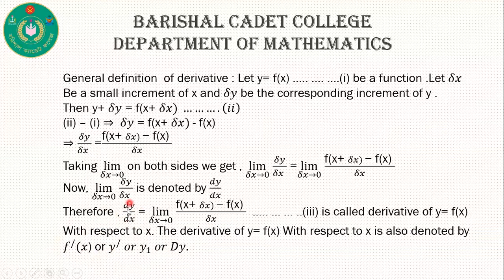Generally we use this term or this or this. Sometimes we use y1. You remember these three terms. When we use y prime, that means dy by dx. Another we use y1, it's also dy by dx.